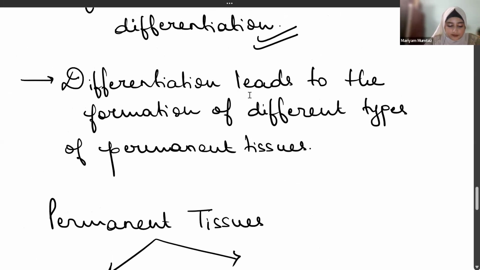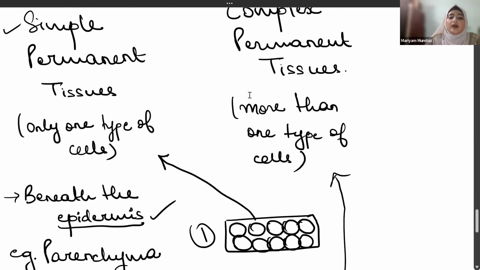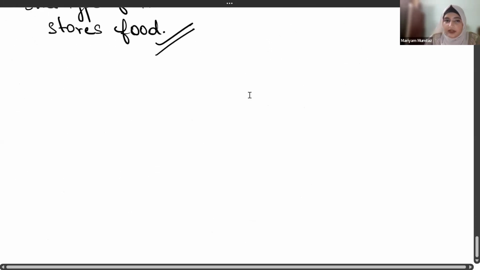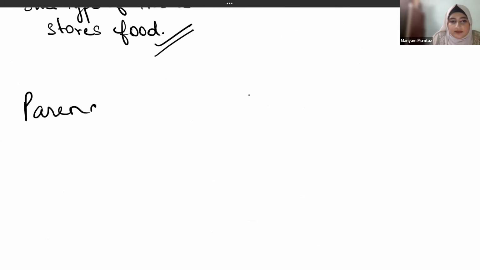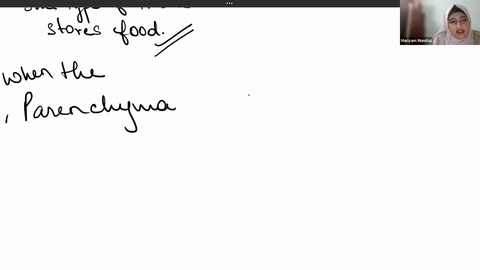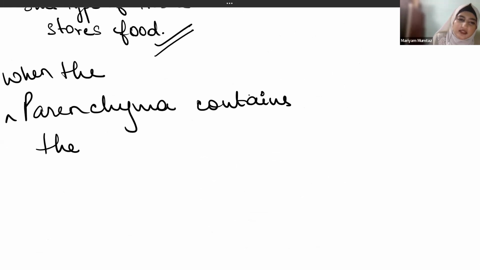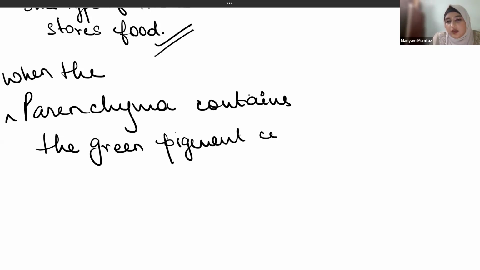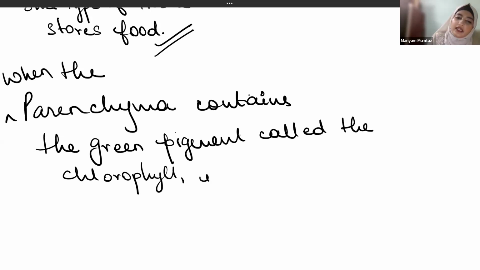Tell me. Yes, ma'am. Now, in the case wherein the parenchyma contains the green pigment called the chlorophyll, it is known as chlorenchyma.